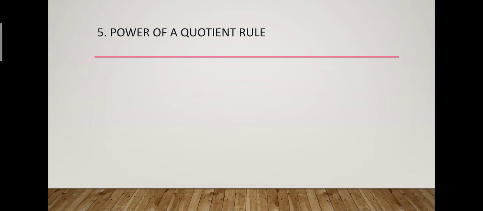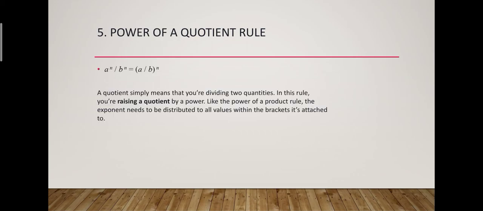Power of a quotient rule is in the form of a to the n divided by b to the n is equal to the quantity of a over b to the n. A quotient simply means that you're dividing two quantities.